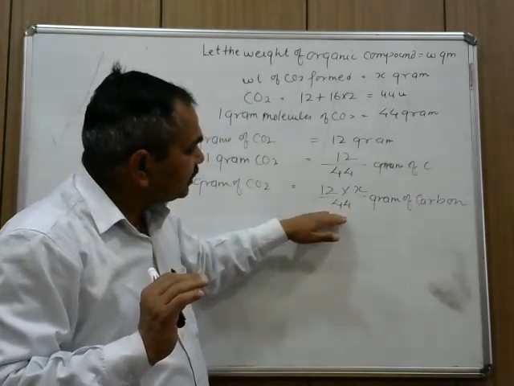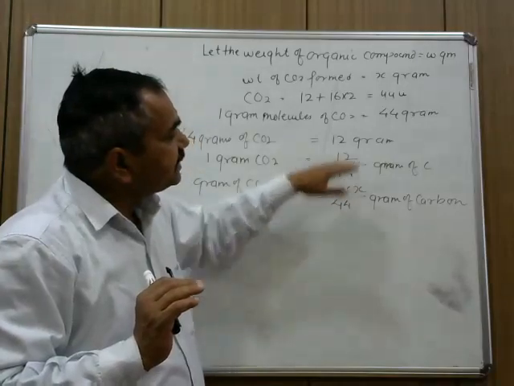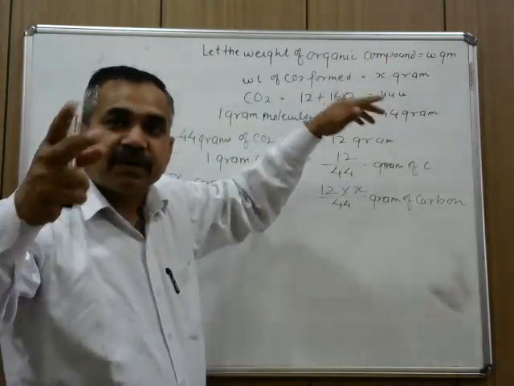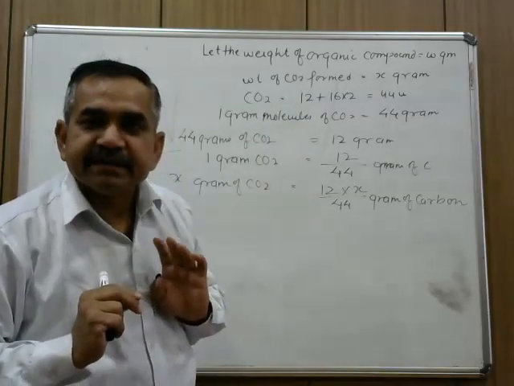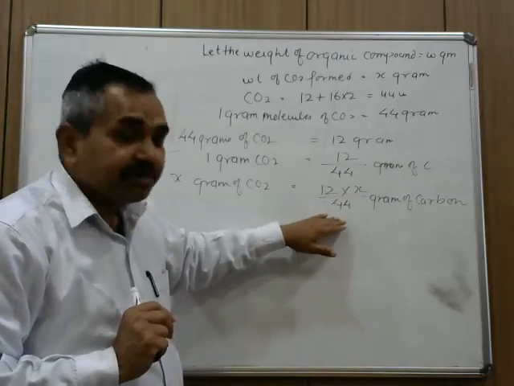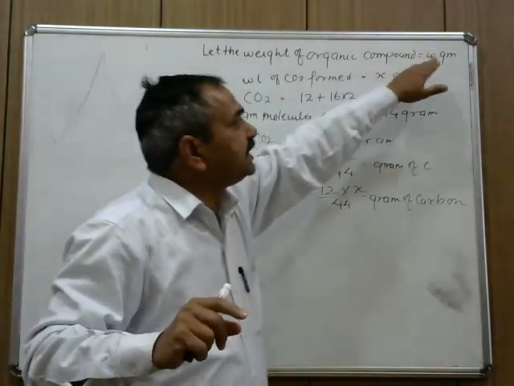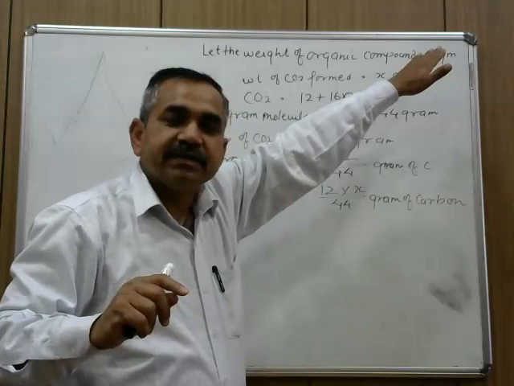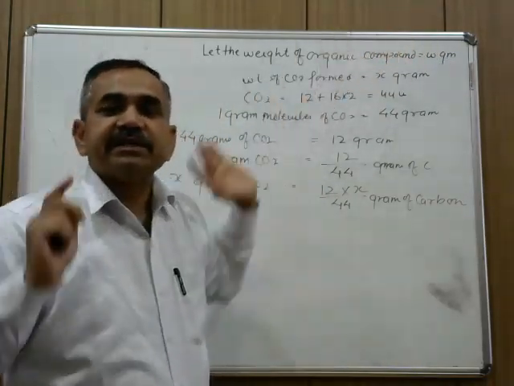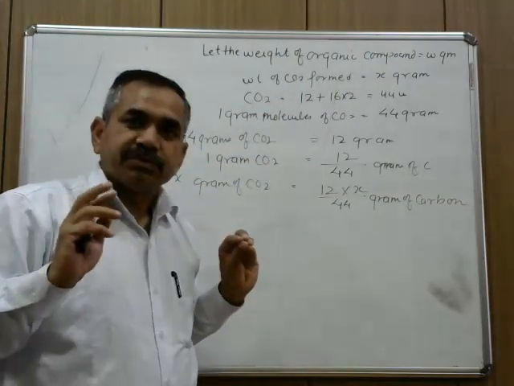So this is the amount of carbon present in the x gram of carbon dioxide which is formed as a result of the experiment. But in fact, this is the amount of carbon present in W grams of organic compound, because all the carbon that was present in W gram of organic compound is converted to CO2.